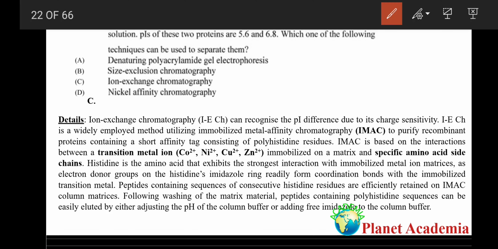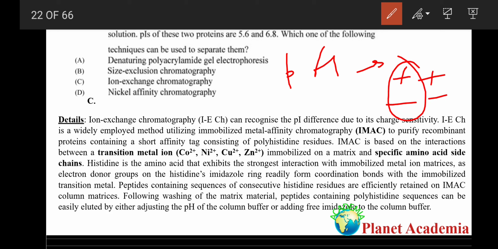Different pI means different pH, so ionic strength or charge can be used. Okay, right, good.